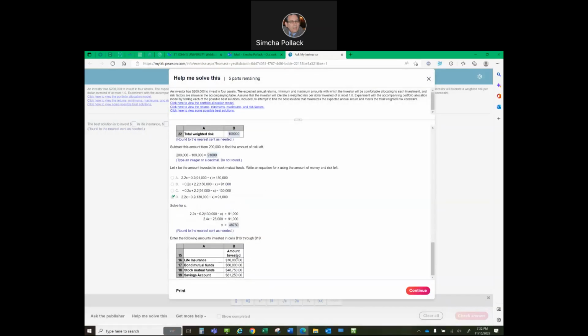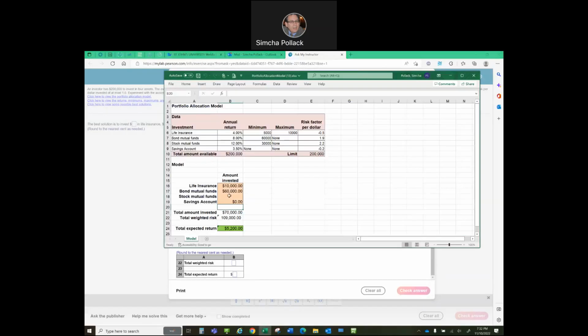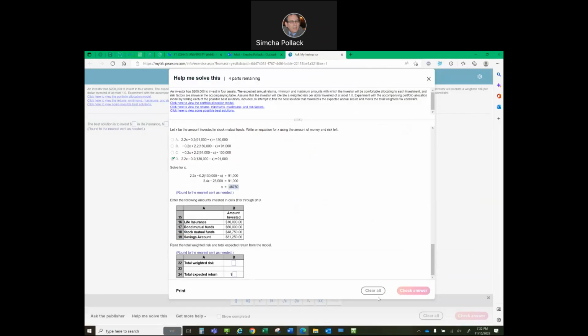Now, by definition, this is going to add up to 200,000, and it's going to give us a maximum risk of 200,000. So we can put those numbers into our portfolio: 48,750. Put that here. 48,750. We got rid of that, so 81,250.